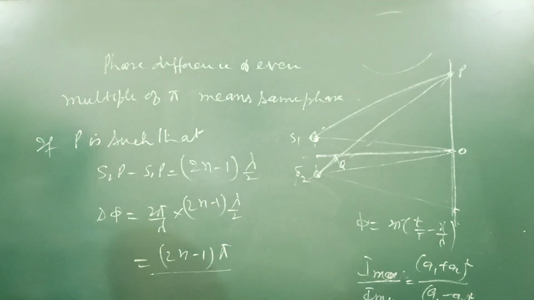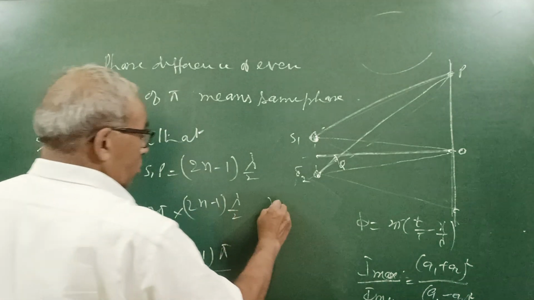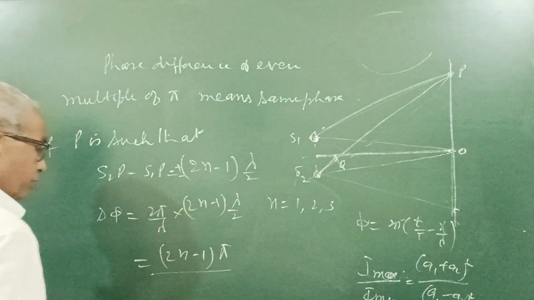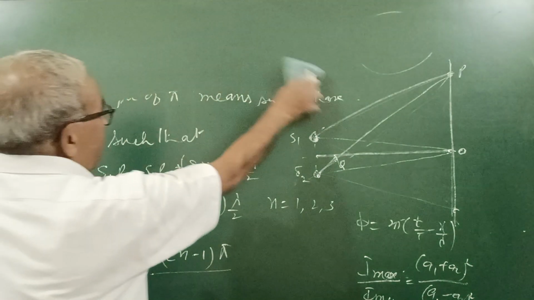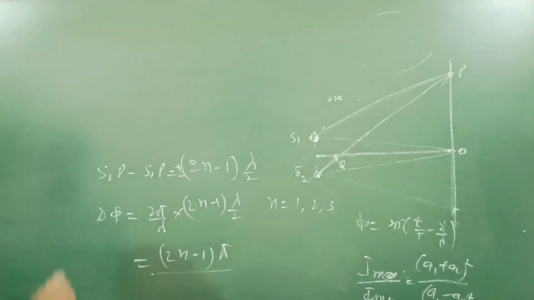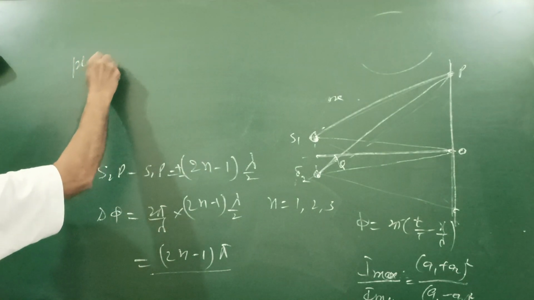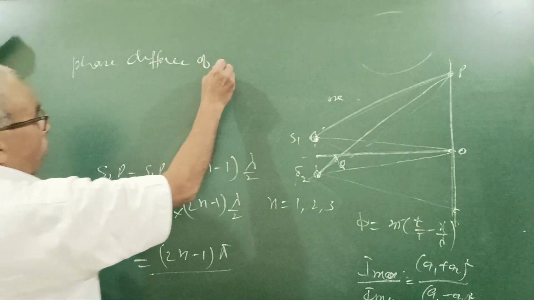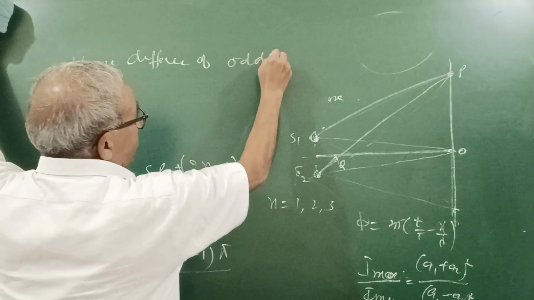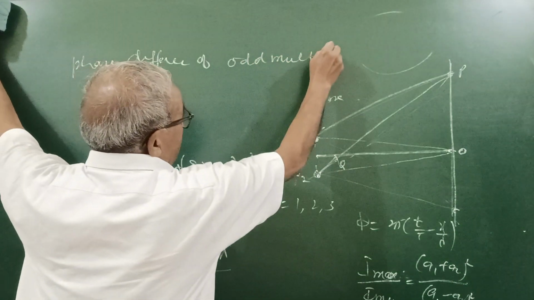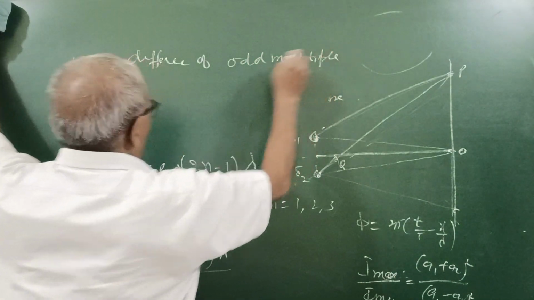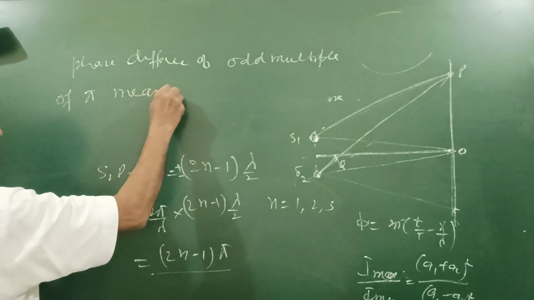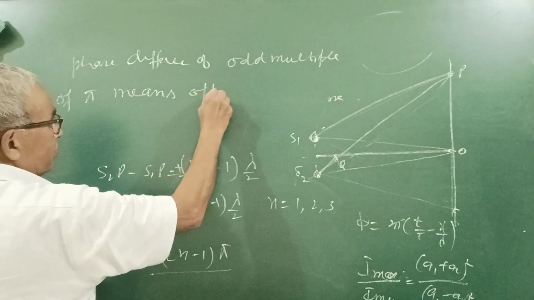The phase difference is (2n minus 1) pi, an odd number, where n equals 1, 2, 3. Here maybe plus or minus also. Then the two waves will be written, and a phase difference of an odd multiple of pi means opposite phase.